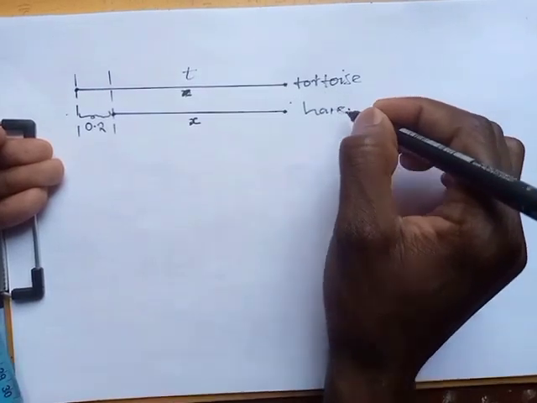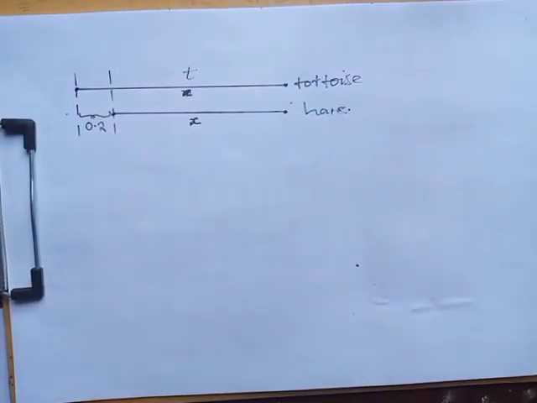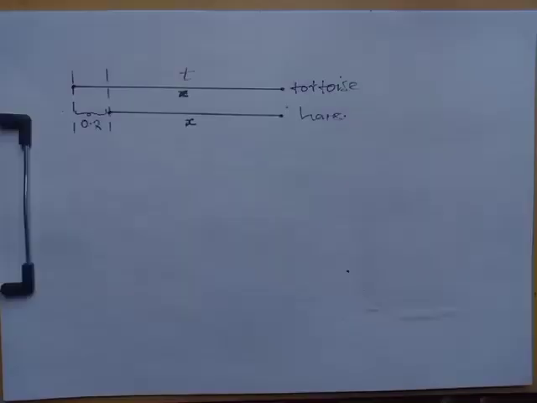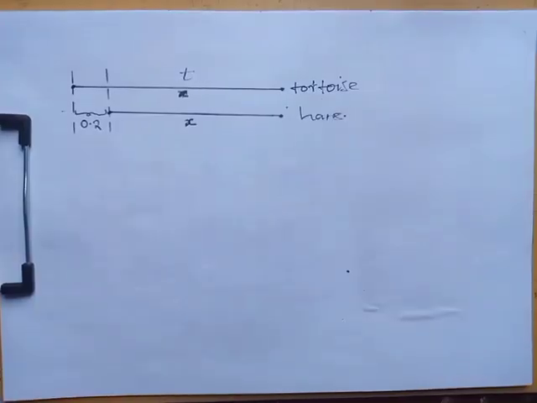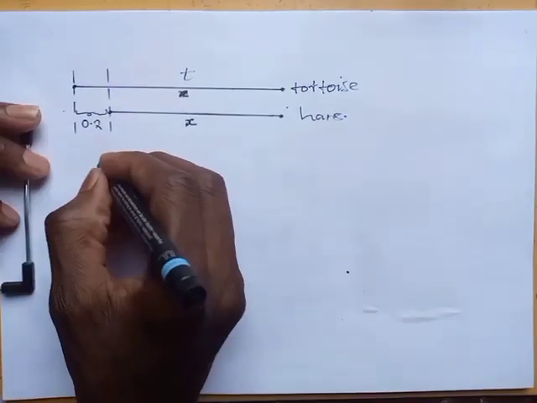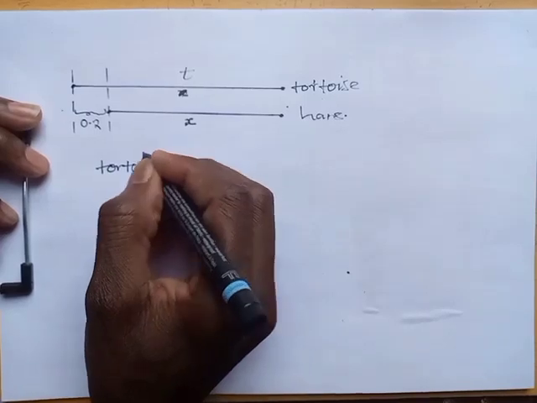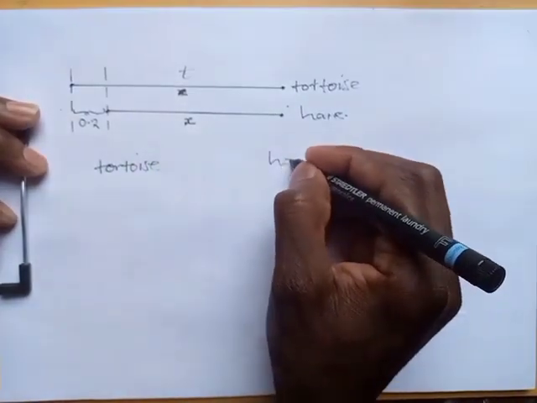Now we try to illustrate the data for every animal here. I'll separate these motions and write these two motions as follows. I'll say a tortoise here, then a hare somewhere there.